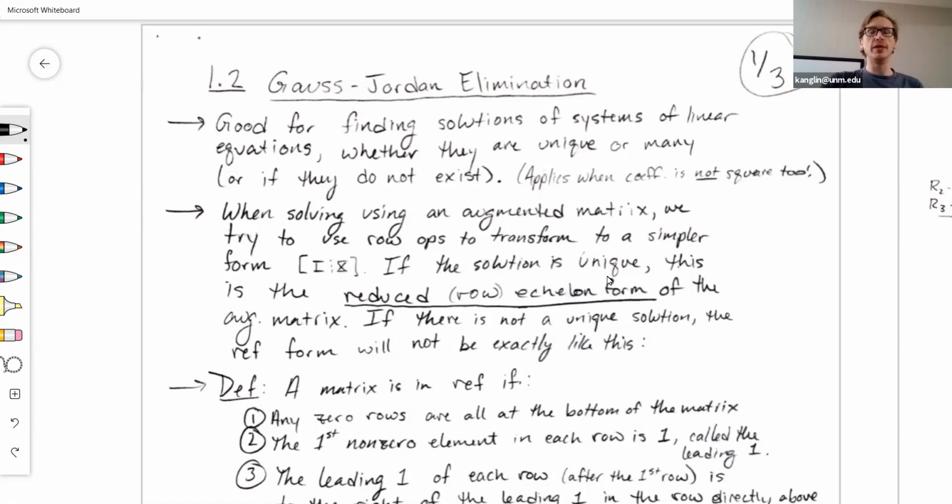Now, if the solution is unique, this is the case that we saw in the last video, this identity on the left side and solution on the right side is the reduced echelon form of the augmented matrix that we started with.